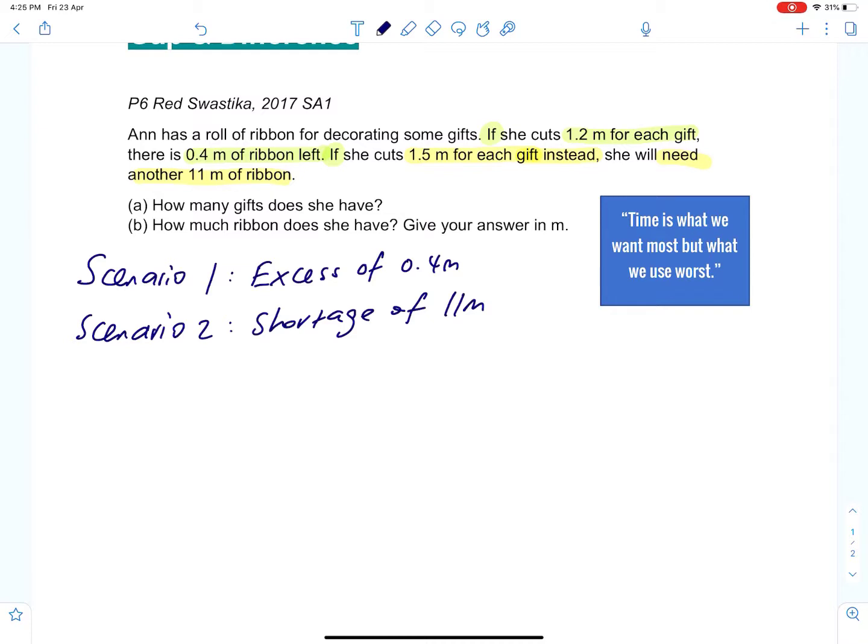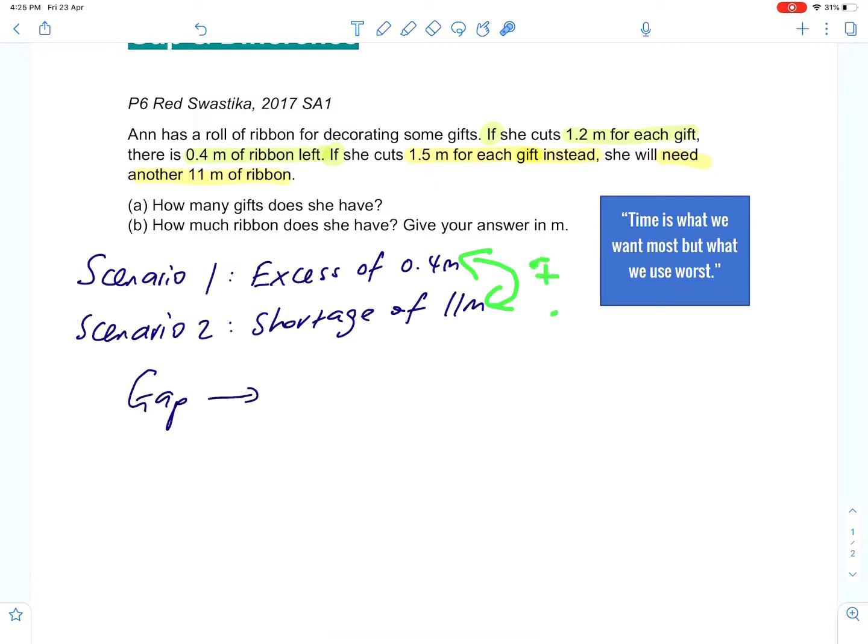Now the next step is to find what is known as the gap. Such questions are very standard. You need to find the gap, you need to find the difference, and later on we do a division to find the number of gifts. But how do we find the gap? The gap can be found by looking at the scenarios. If both are different, one excess, one shortage, then we have to add these two values.